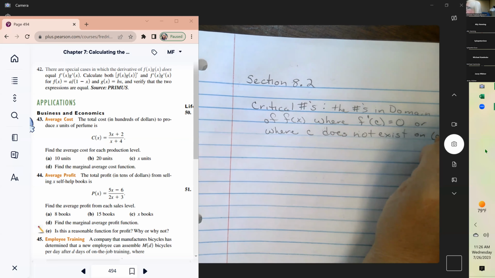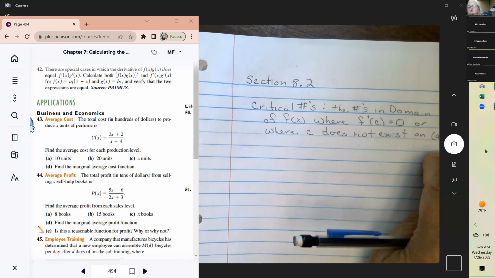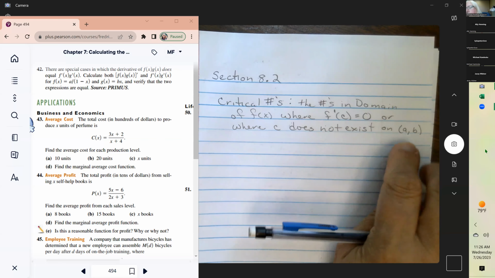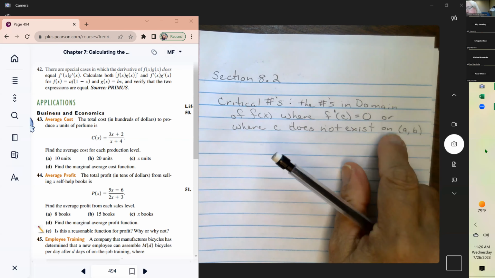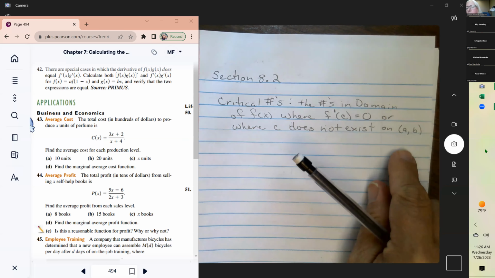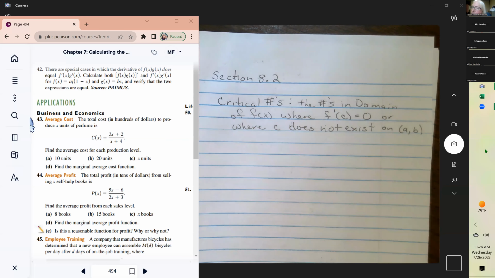Now, most of these, they'll give us an interval that we're going to be using. When it has parentheses, that means you don't include the endpoints. There are some cases with max and min where we will include the endpoints.